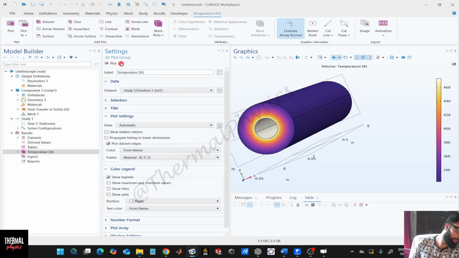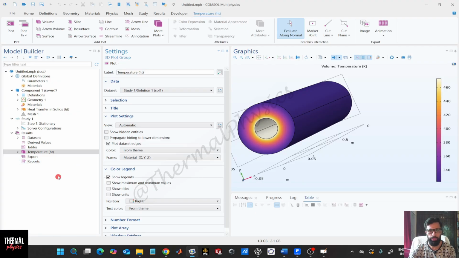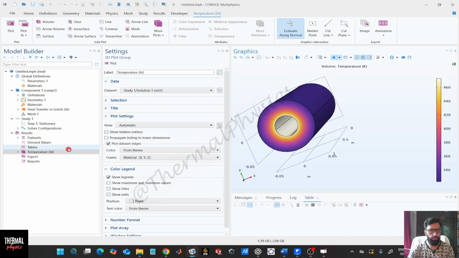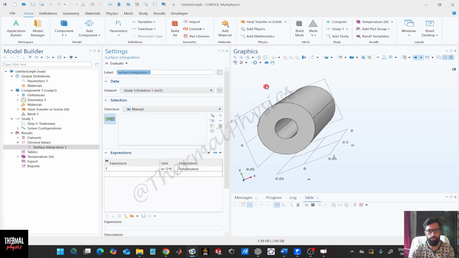Now after computing, we have our results here. Now we have to calculate heat flux. So for that, we'll go to derived values. We'll use surface integration, because we have to calculate heat flux at the inner surface.